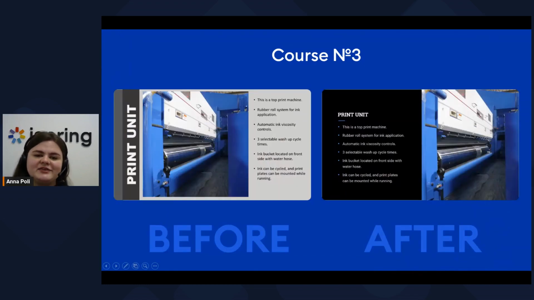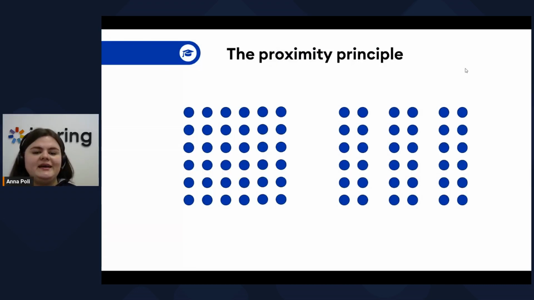So on the left, we can see the slide before, and on the right, the slide after our transformations. The first thing we did when rebuilding this slide was to place the header closer to the text. See, in the picture on the left, there's the same distance between the circles, which is why they're perceived as one large semantic group.